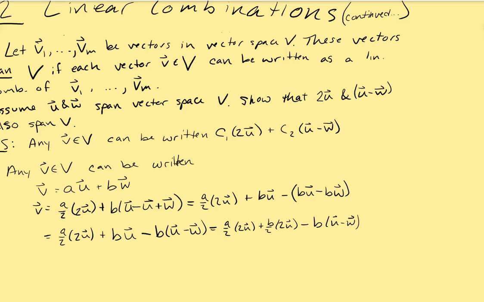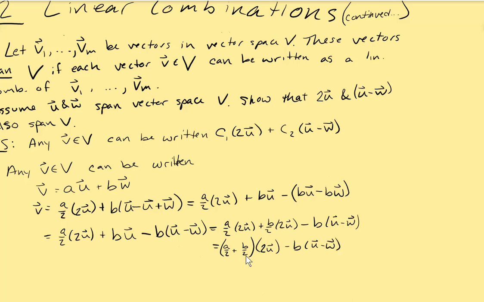All right. And finally, we might notice we have the same vector 2u and 2u here. So I can actually factor this, a over 2 plus b over 2. I guess I'd be factoring 2u out to the back of the sum. Let's see what that looks like. And notice this is exactly what we want.